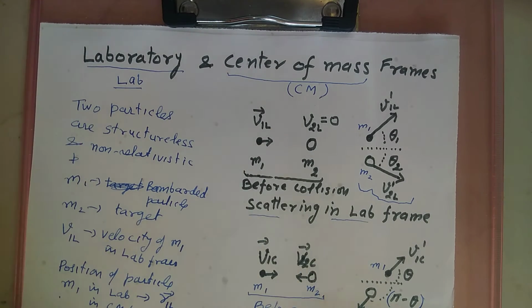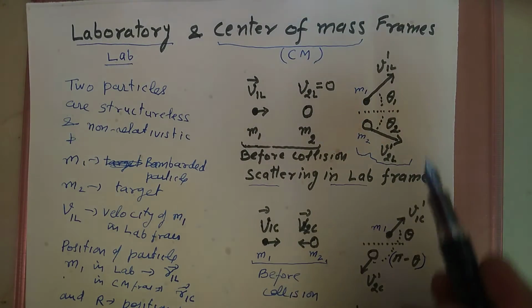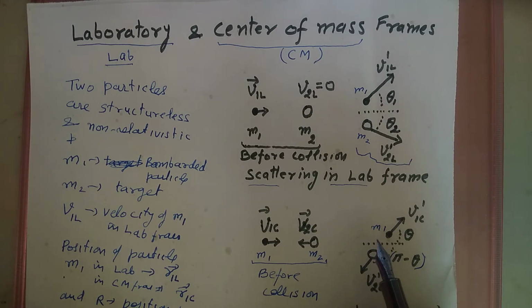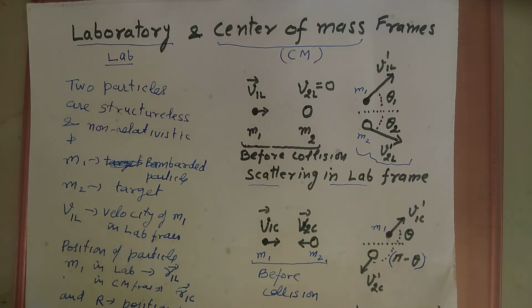So this is the notation which we can use if we want to find the relation, how we connect these angles, or when we want to connect the relation between the cross sections in the laboratory frame and the center of mass frame. So this is all about the representation, how we can represent it with the help of a diagram.